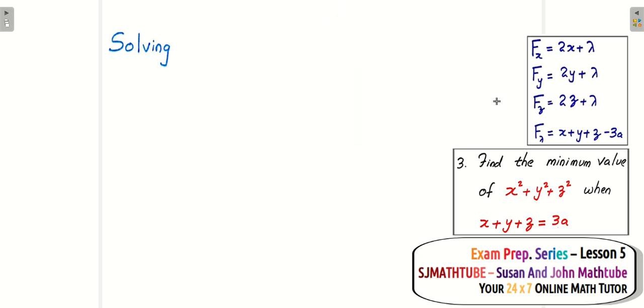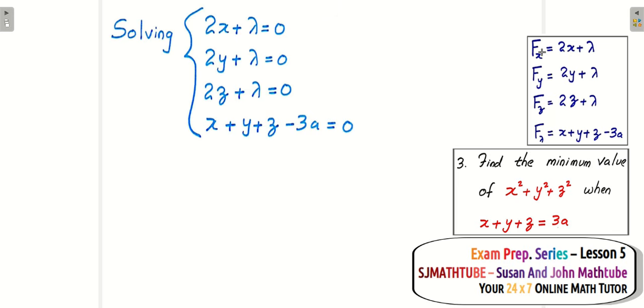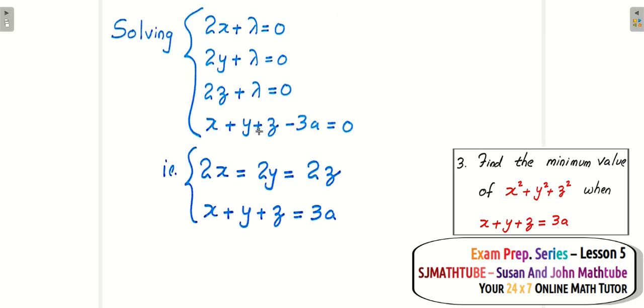Now the solving part. So equate all the partial derivatives to 0 and use any technique which you like and solve. Anyway, here I'm going to equate everything to lambda, so I can see that 2x is equal to minus lambda, 2y is equal to minus lambda, and 2z is equal to minus lambda.